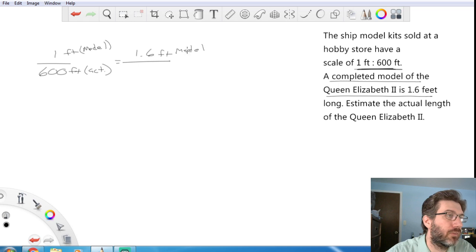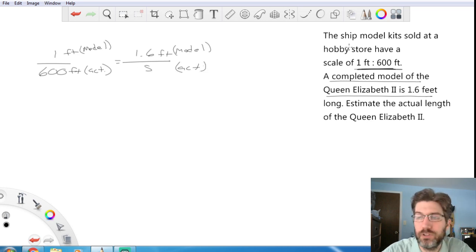If you want to set it up in a table, you'd have your units there. And then we want to know what the actual length of the ship is, and that's going to be your unknown. I'm going to call it S for our ship. And in doing so, you just solve it by cross-multiplying again.